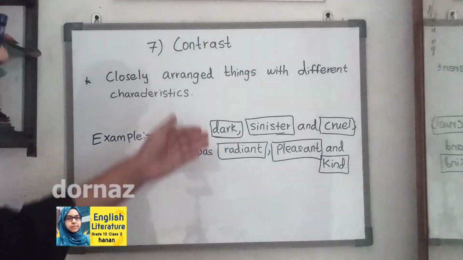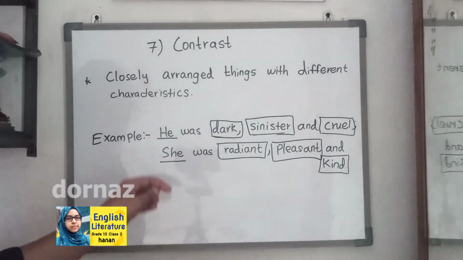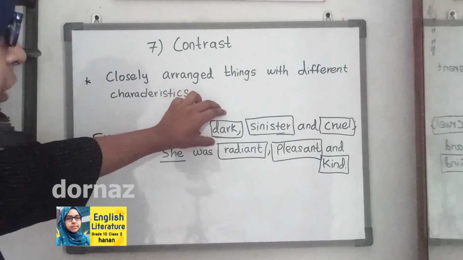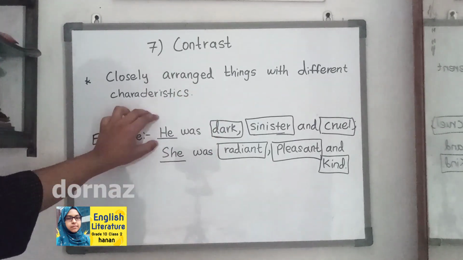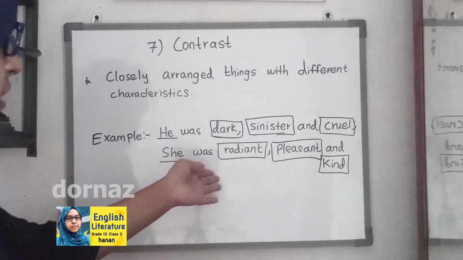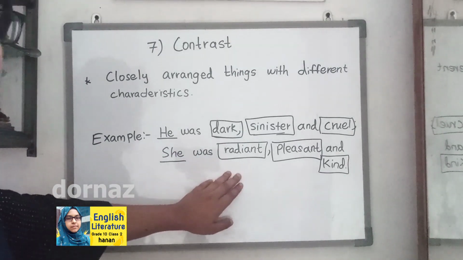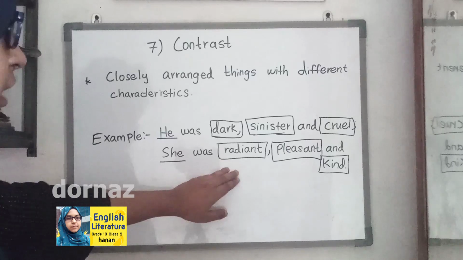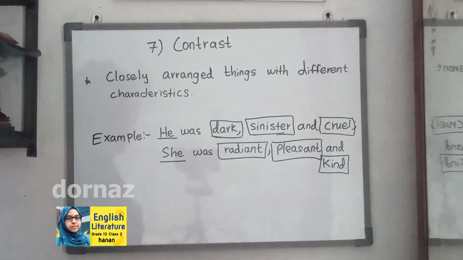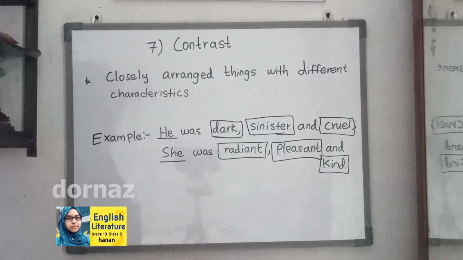Because these are negative qualities, these are positive qualities. Negative qualities are represented in a boy. She is represented with the positive qualities. Positive qualities belong to a lady. So it is different. Closely arranged things with different characteristics.